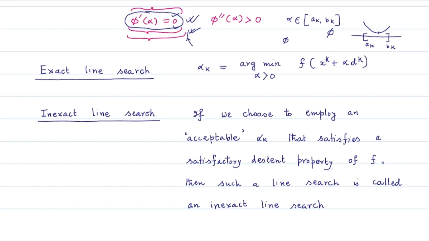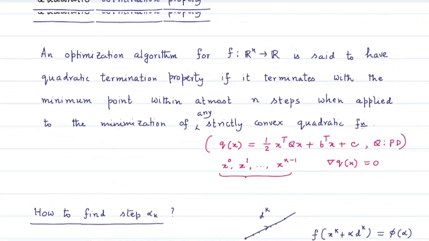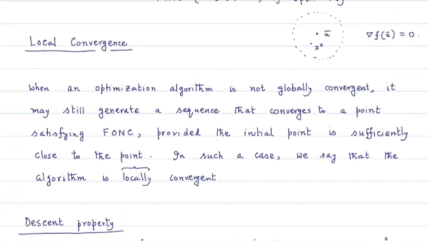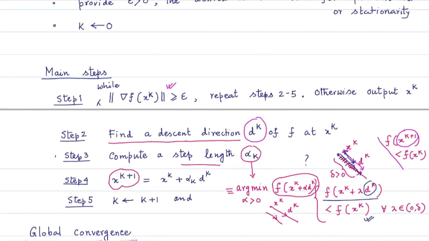As identification of an exact step length requires an iterative process to identify a solution of this equation, the optimization algorithms that employ exact line searches are computationally not efficient, because if we employ exact line search over this step 3, then inside this while loop for the main step, we are going to employ one more loop, one more iteration process, just to resolve this step 3.